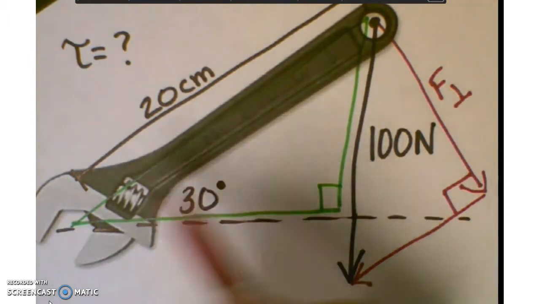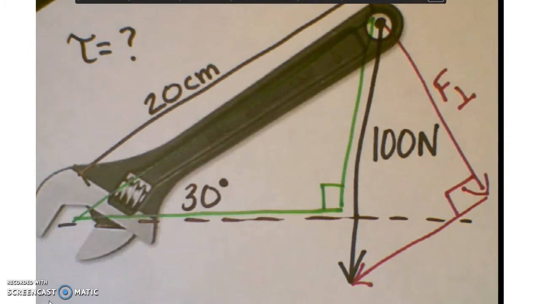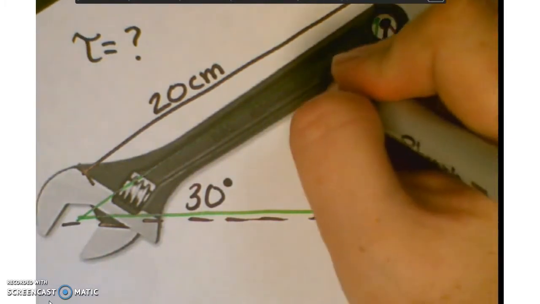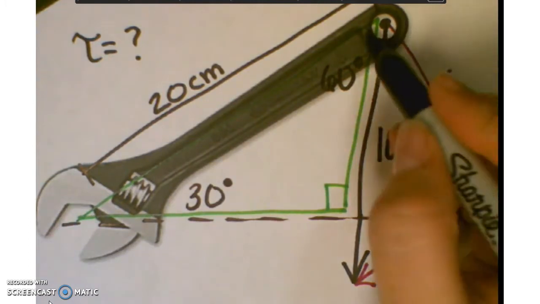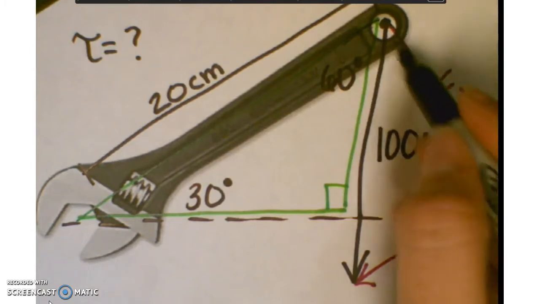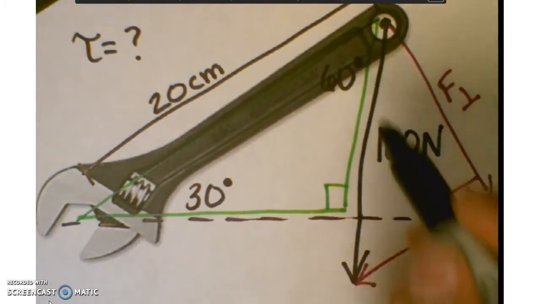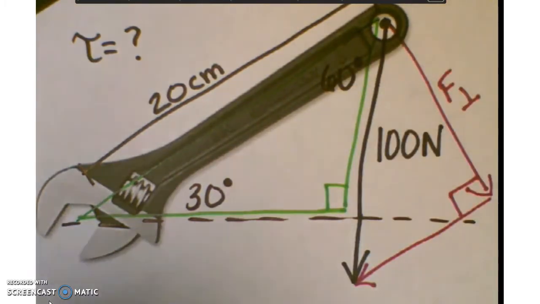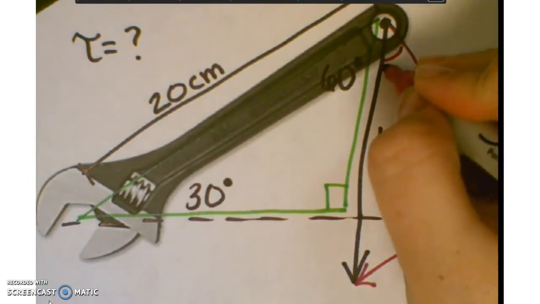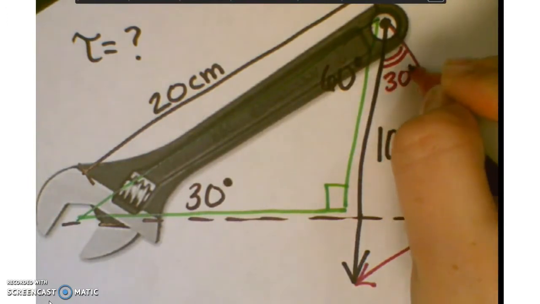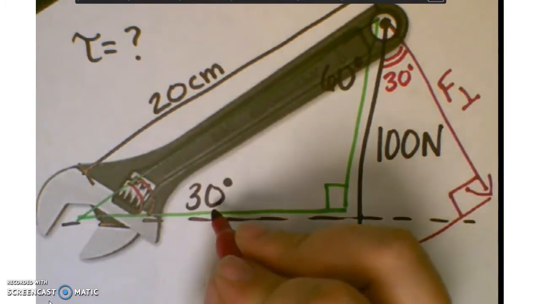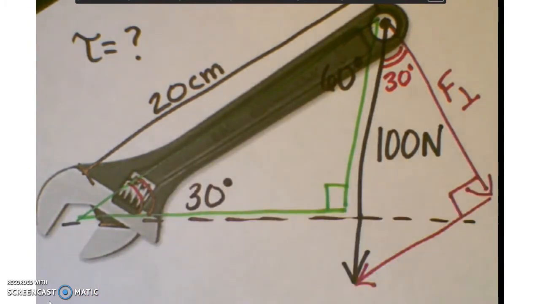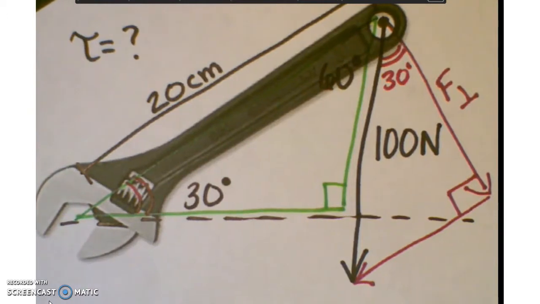If this is 30 degrees, and this is 90 degrees, that means this angle up here should be 60 degrees. Now, right here at this corner, we have a 90-degree angle, so if that's 60 degrees, that makes this angle right here 30 degrees, or congruent to that angle. So that's going to help us find our perpendicular component.